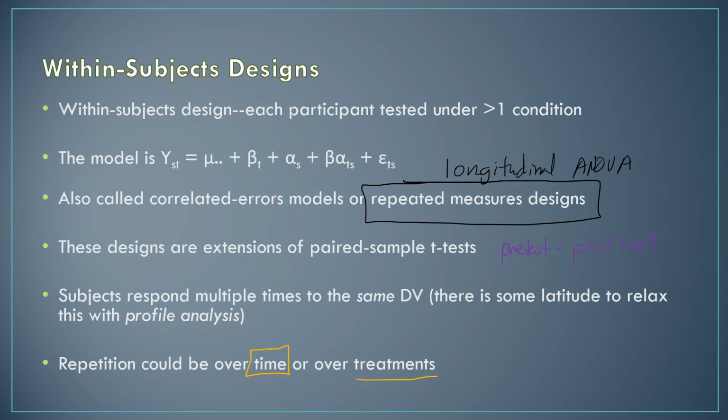So then the session 1 dependent variable value could be compared to the session 3 dependent variable value, to see if there are mean differences across all these different treatment levels.